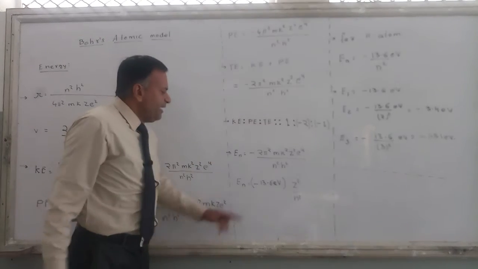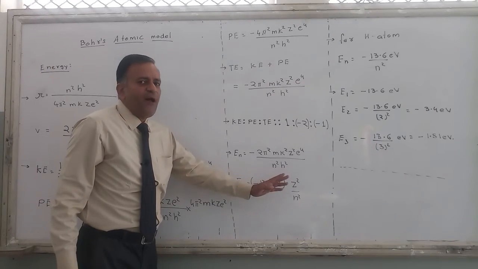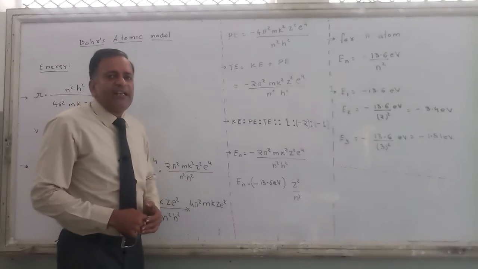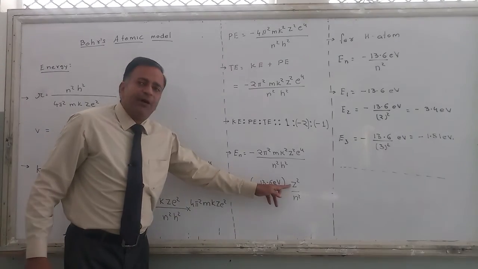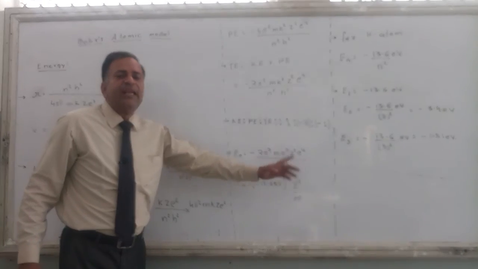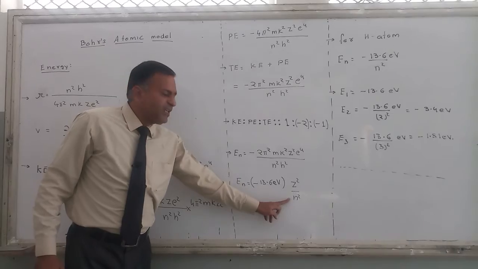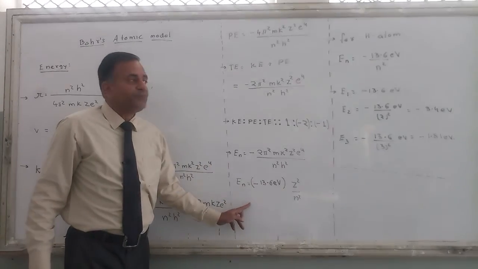Their fixed value is minus 13.6 electron volt. So from here, if you want to calculate the total energy of electron for any atom, put its atomic number over here. If electron is in the nth orbit, put the orbit number or principal quantum number over here, and you will get the energy of that electron.